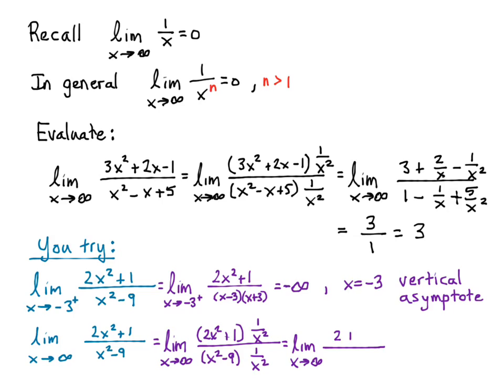And so what we get is an equivalent expression that says 2 plus 1 over x squared over 1 minus 9 over x squared. And as x goes to infinity, these two terms are going to go to 0, so we just have 2 over 1, and so we have 2. And so that's going to be our horizontal asymptote.